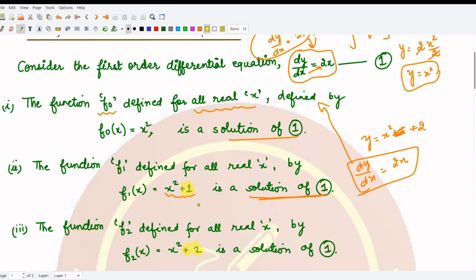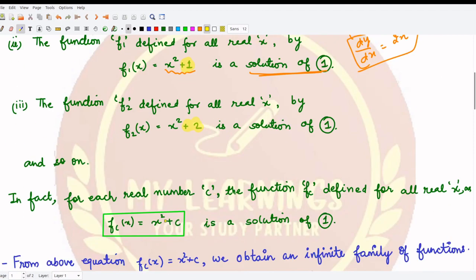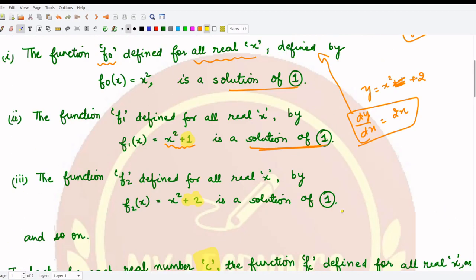So can we say that this is true for any real number c, so that whenever you define some function f of c, you would have x square plus c, and this general thing x square plus c is also a solution of your equation 1, correct? So yes, this is also there.